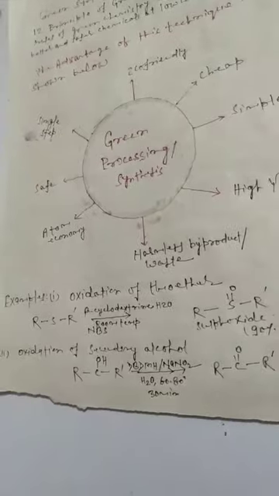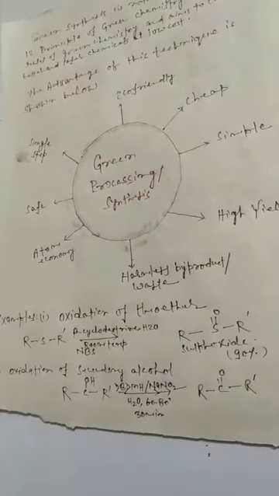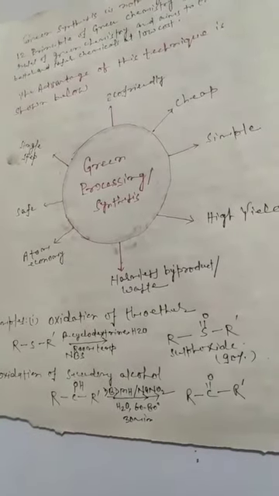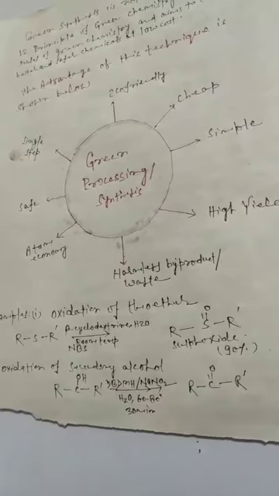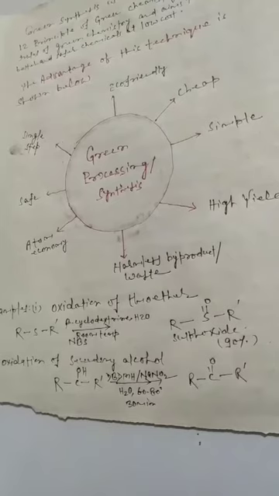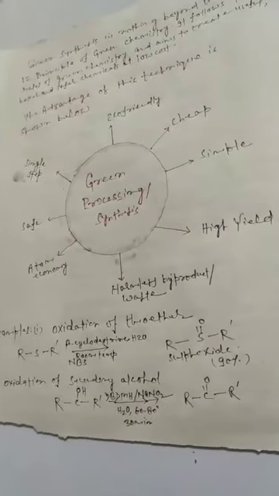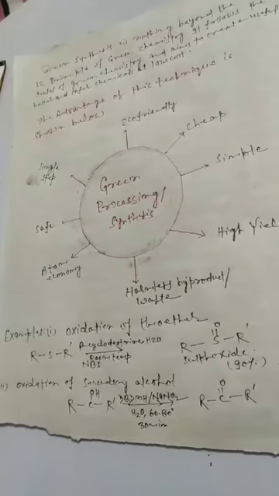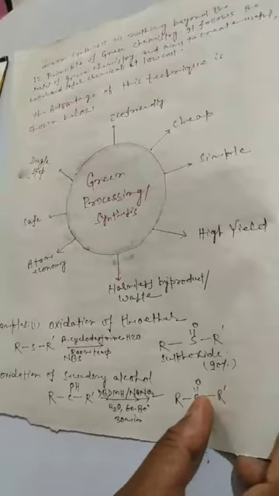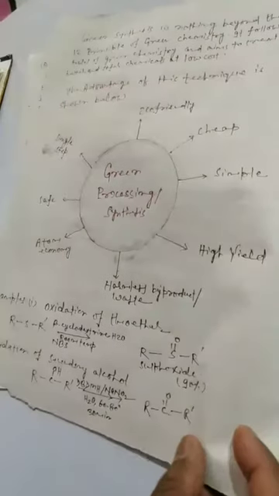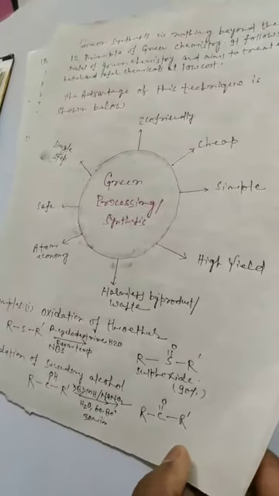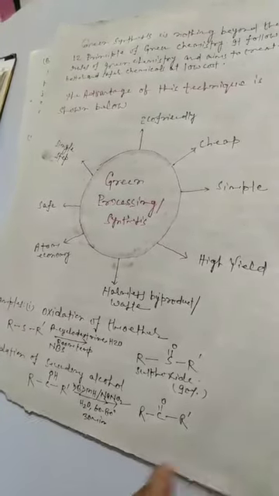The second one is the oxidation of secondary alcohol. Oxidation of a secondary alcohol by the chemical route, in the presence of chromic oxide and H2SO4, needs reflux at high temperature. But in an aqueous medium with DBDMH catalyst and sodium nitrite, in water only at 60 to 80 degrees, in only 30 minutes it gives the ketone with a higher percentage yield than the chemical route.